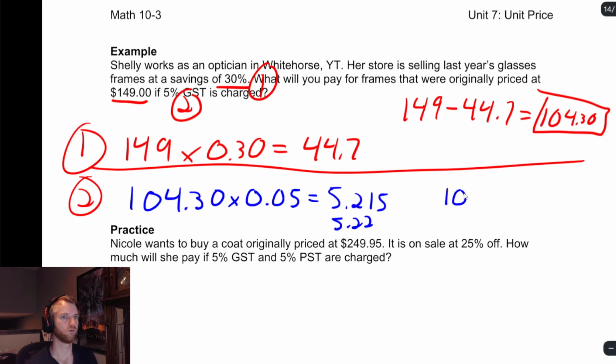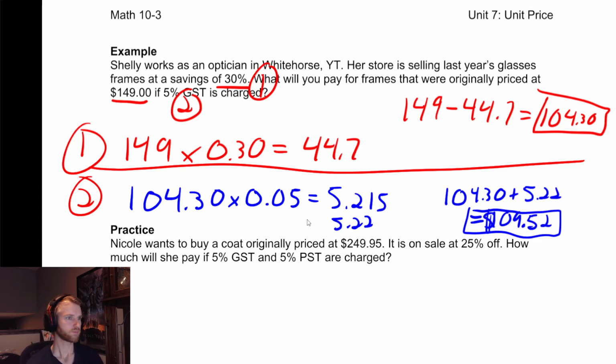So 104.30 plus $5.22 is equal to our final price of $109.52. That's our final price, $109.52.